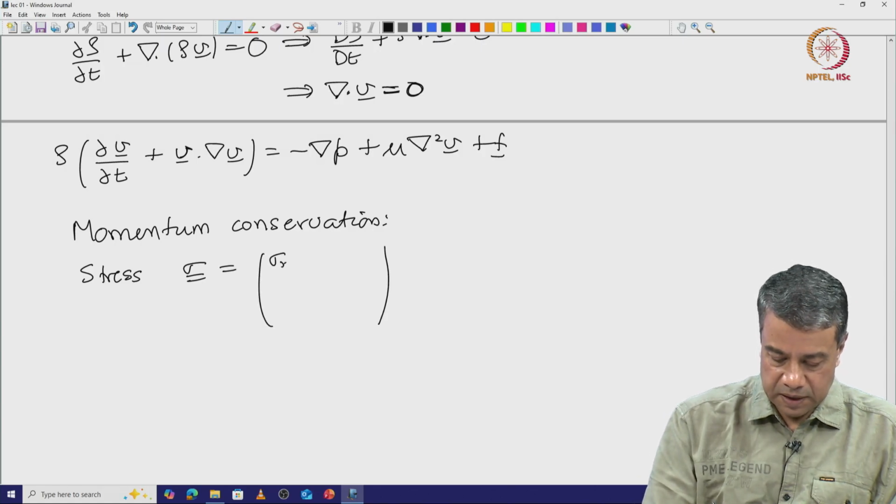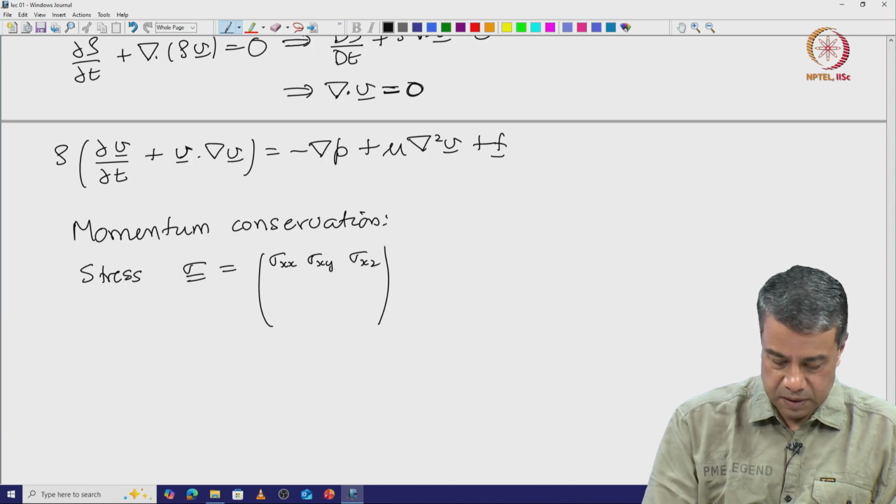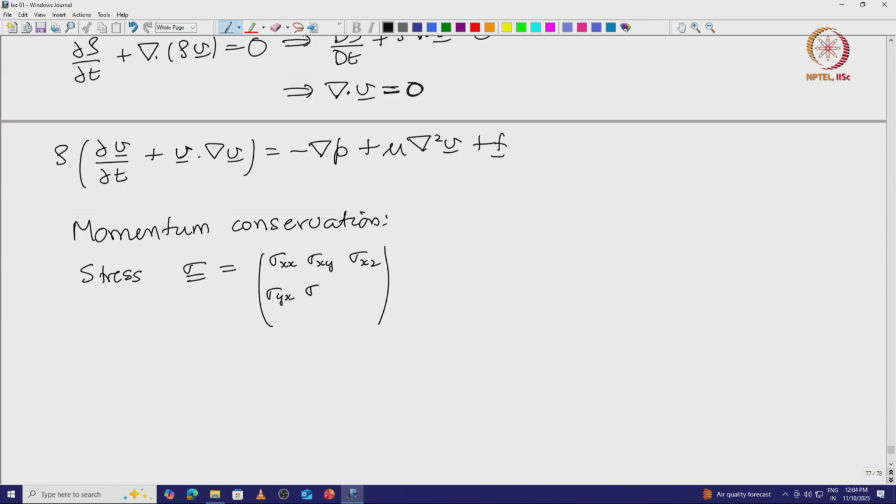It can be written in matrix form as sigma xx, sigma xy, and from the angular momentum conservation, this is constrained to be symmetric.